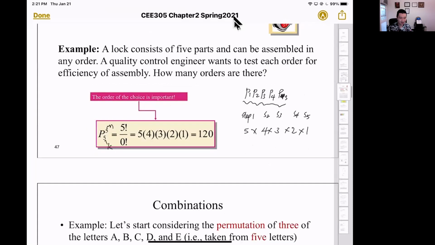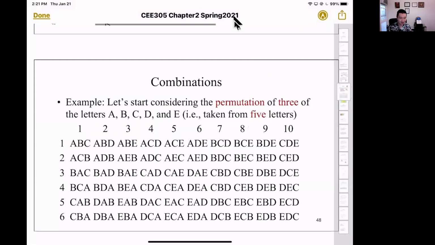Then let's look at combination. Combination is similar to permutation, but we only use combination when the order does not matter. Let's look at this case. Consider a permutation of 3 letters from A, B, C, D, and E. So this is 5 letters, and we pick 3.